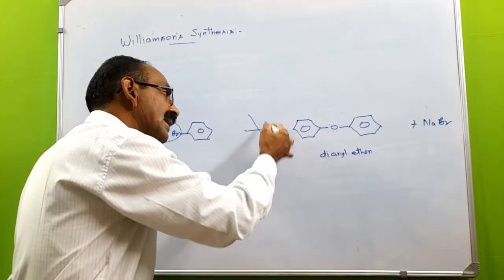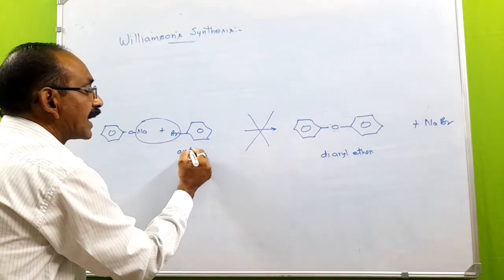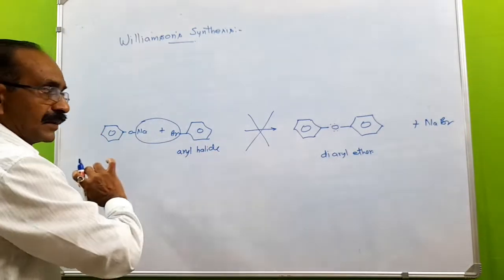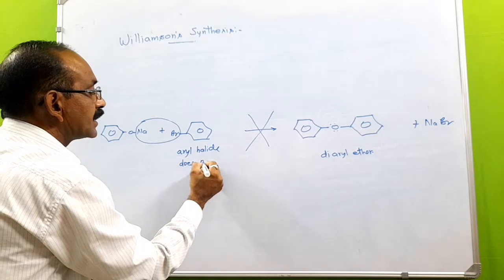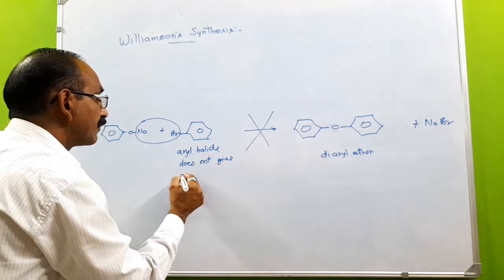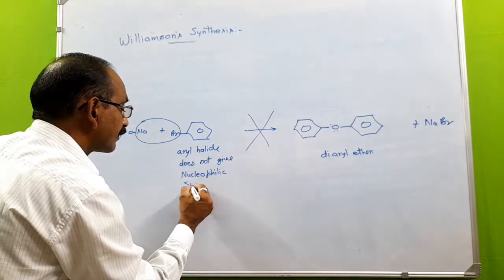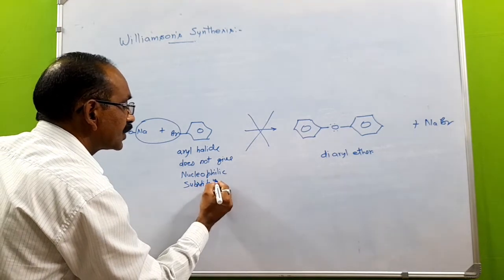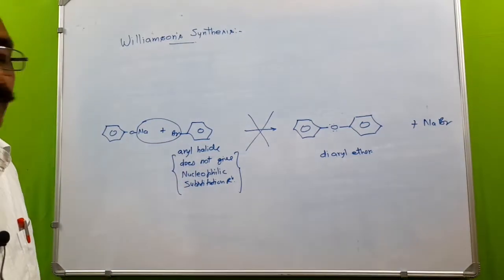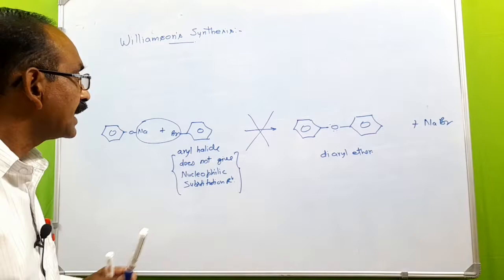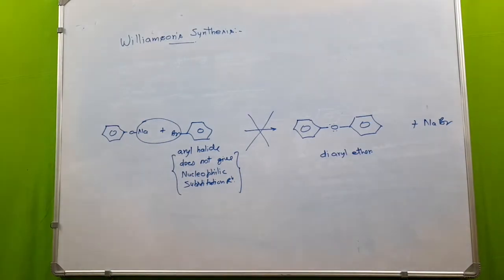But this reaction is not possible because this reactant, aryl halide, does not give nucleophilic substitution reaction. Haloarenes are less reactive towards nucleophilic substitution reaction. That's why we are not able to prepare diaryl ethers using Williamson's synthesis.